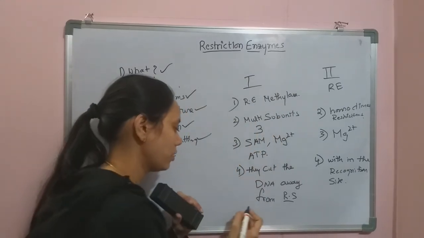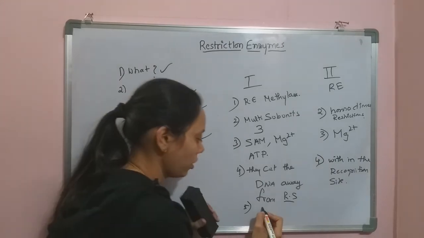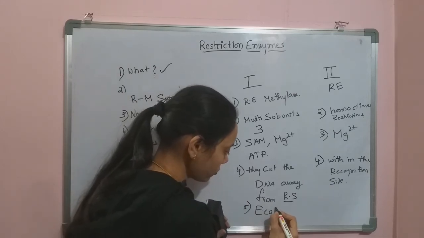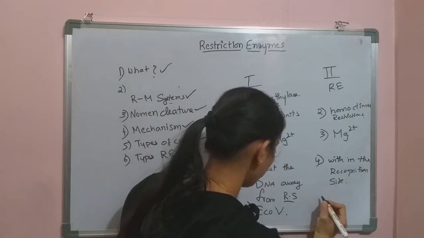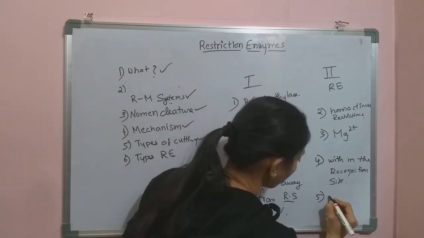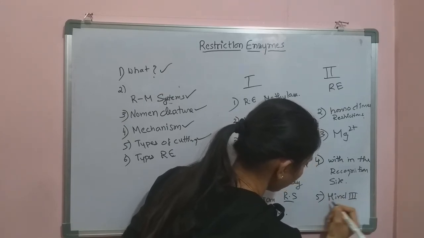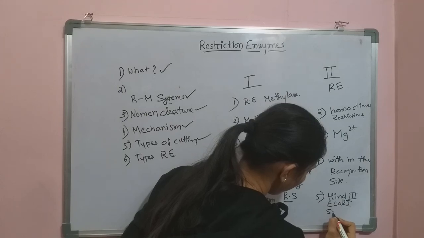The examples for type 1 restriction enzymes are Eco. And the examples for type 2 restriction enzymes are HindIII, HindII, EcoRI, SmaI, AluI.